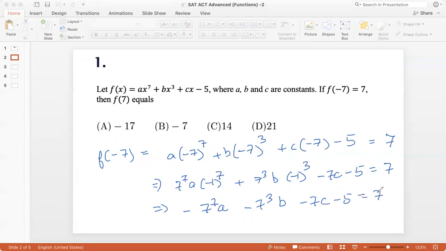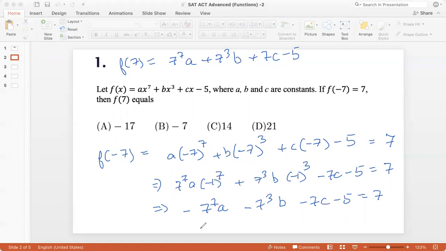Now I need to find f(7). So how would f(7) look? f(7) would look as 7^7 a plus 7^3 b plus 7c minus 5, right? So this is what I need to find.